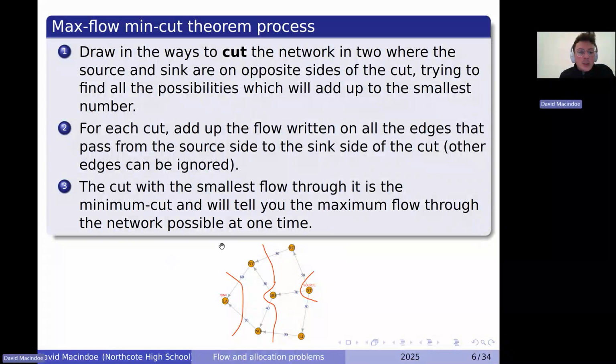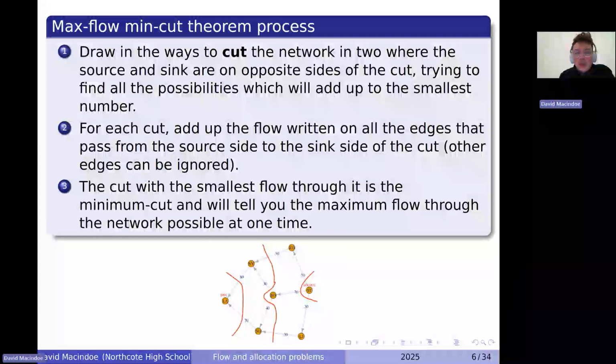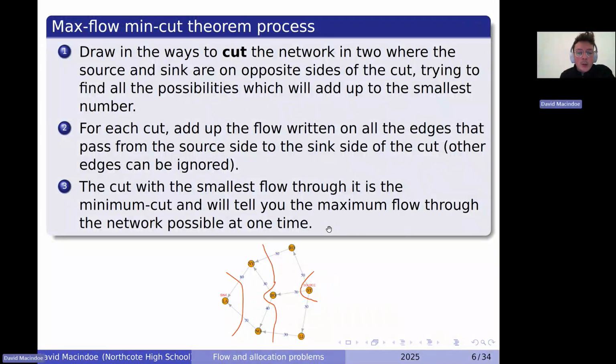If it's going the other way, we just ignore it, because if stuff flows back towards the source, that isn't going to help you spread more stuff towards the sink. Once we've found the minimum cut, that tells you what the maximum flow is. That's what our theorem is telling us.